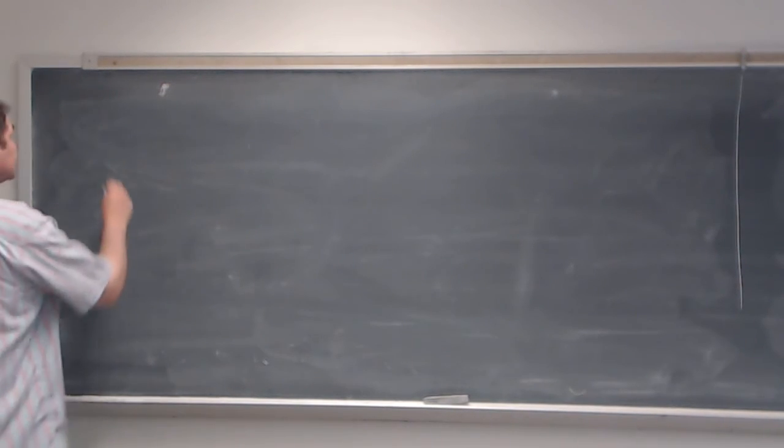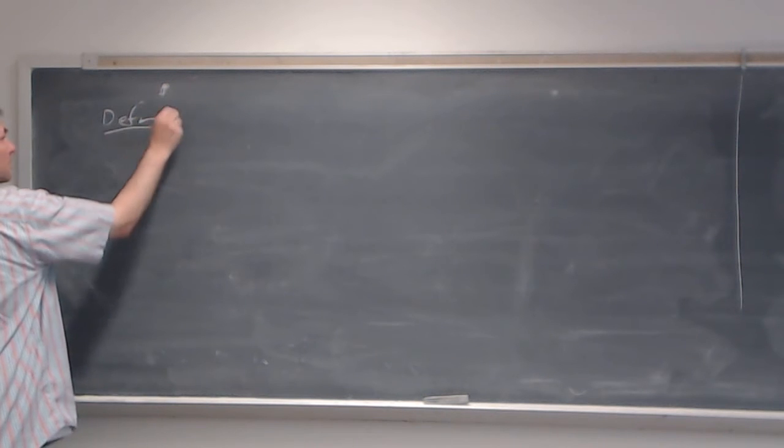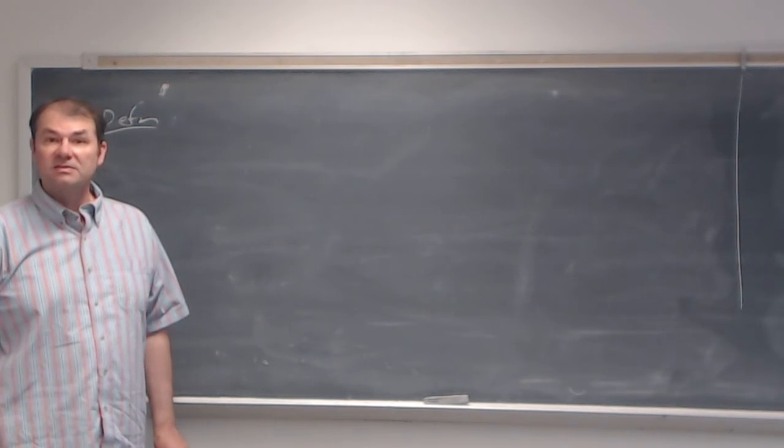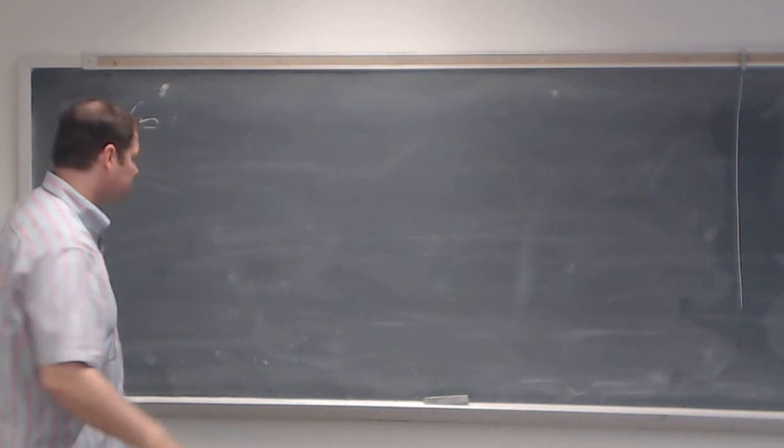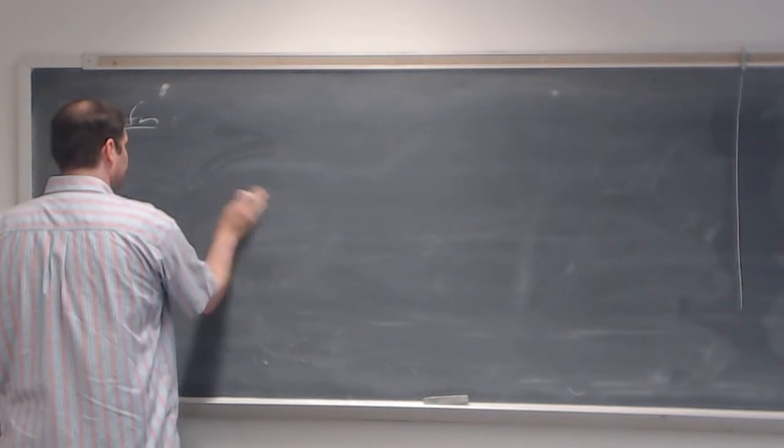Okay. Next thing I want to do is talk about the second random variable that I want to cover today, and that's the geometric random variable. So here's the definition for a geometric random variable.